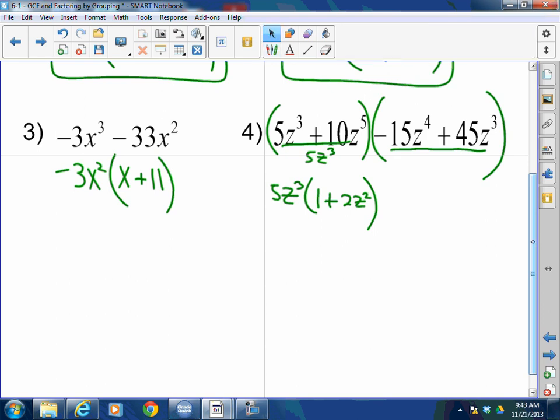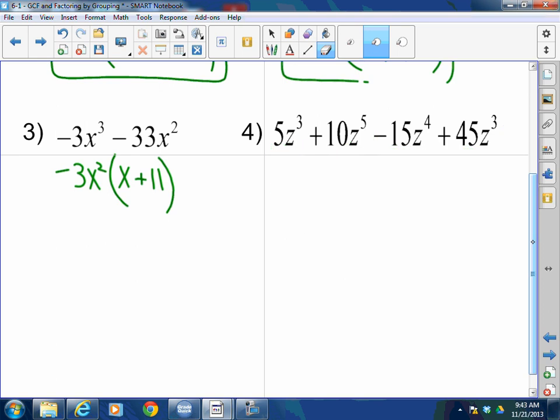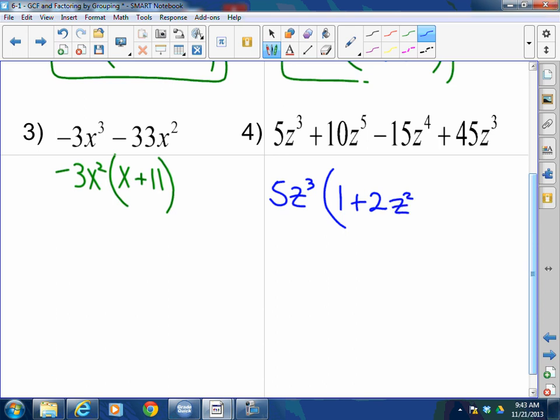Ah, okay. Much better way to think. Good. Someone's thinking. Guys, can't I factor out a 5z cubed from everything? So now I have 1 plus 2z squared minus 3z plus 9. Okay, so now look at what happens here.